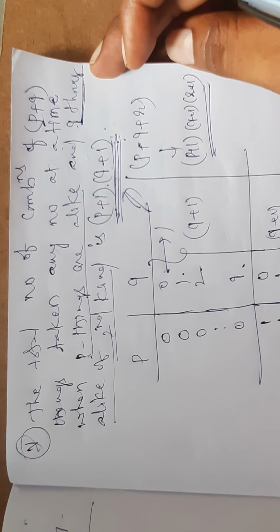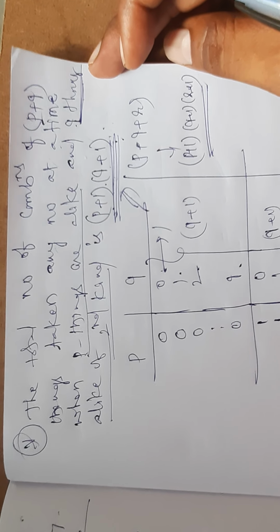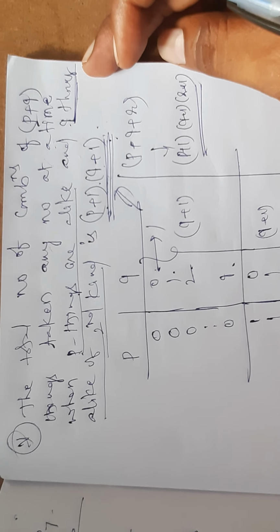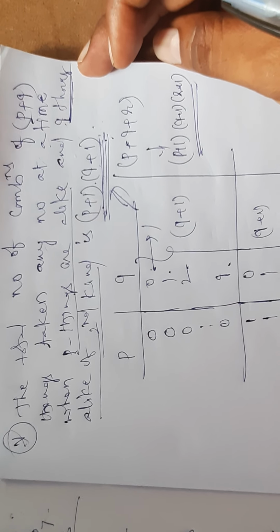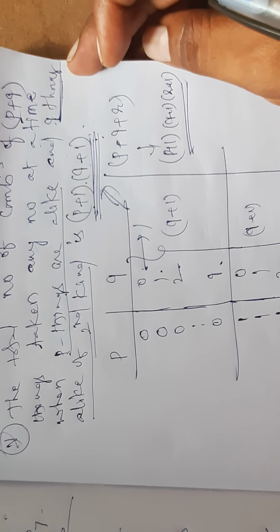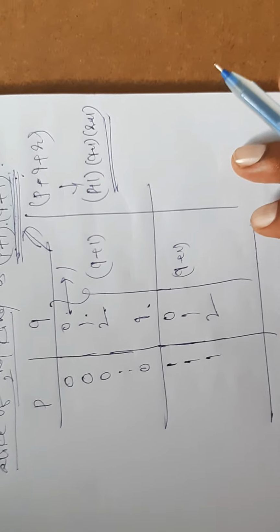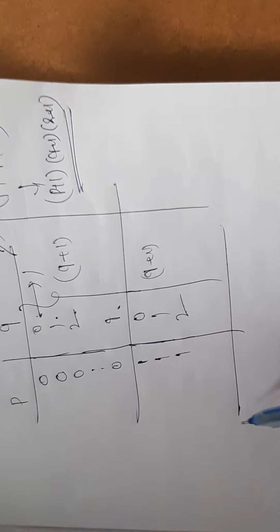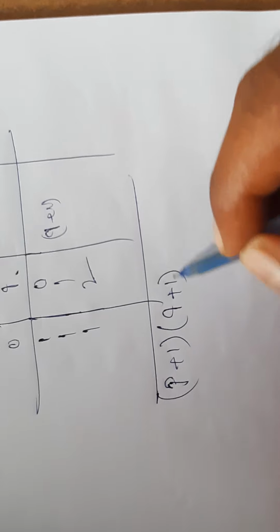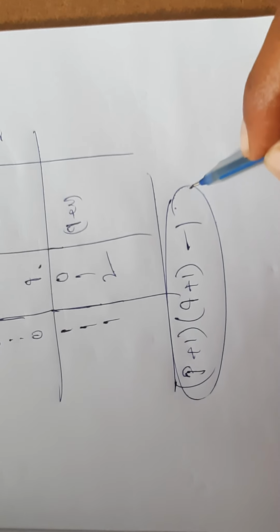Once again listen, the total number of combinations of p plus q things taken one or more at a time when p things are alike of one kind, q things are alike of the second kind, what will the value be here? The answer will be p plus 1 into q plus 1 minus 1.